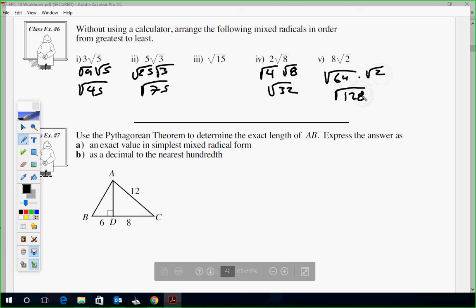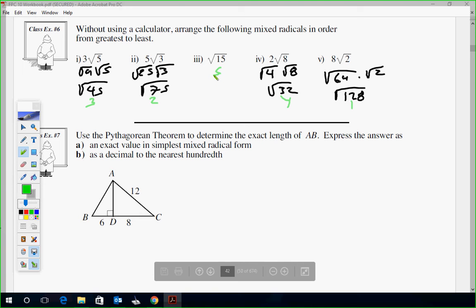So we're putting it from biggest to smallest. If I'm doing biggest to smallest, here's number 1, here's number 2, number 3, 4, 5 in terms of order.